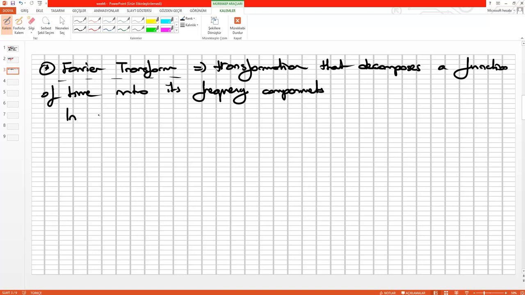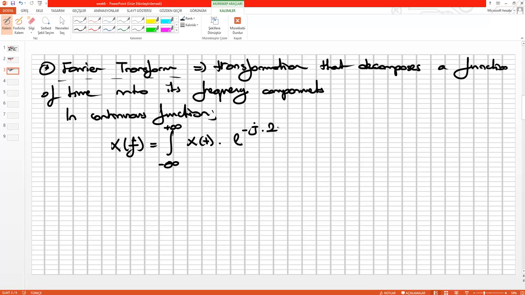In a continuous function, we have this integral like this one. X(f) is equal to the integral from minus infinity to plus infinity, and we can give the x(t) time series signal in here, and the exponential of minus j 2 pi f t can be given in this integral.